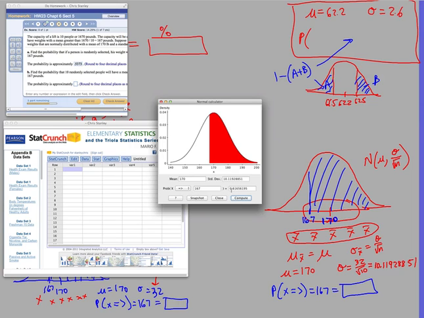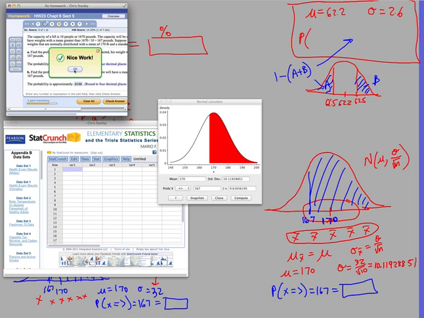So 61% of the samples will be greater than 167. I need to round this to 4 decimals, so that's going to be 0.6166, and that'll be right.